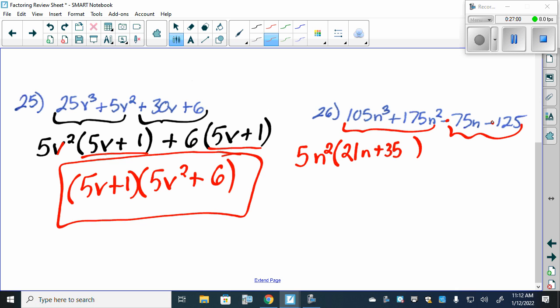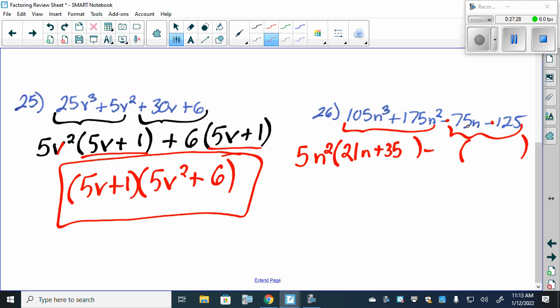So it tells me I'm going to have to factor out a negative, because in the first set of parentheses, both numbers are what? Positive. So if I need the parentheses to be the same, both numbers in both parentheses at this point need to both be positive. Because here, 21n and 35 are both positive. And since we're starting out with two negatives, we need the negative to come out.